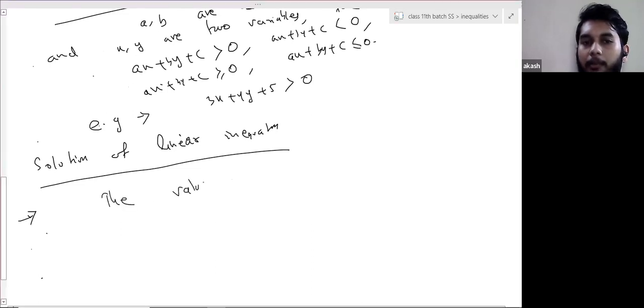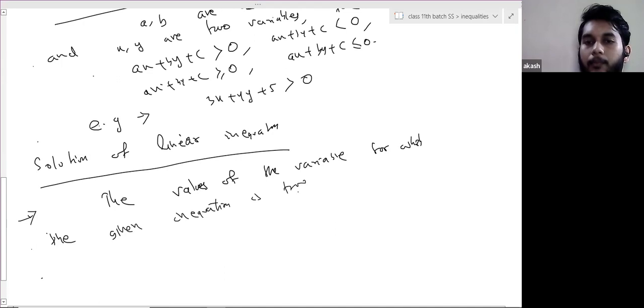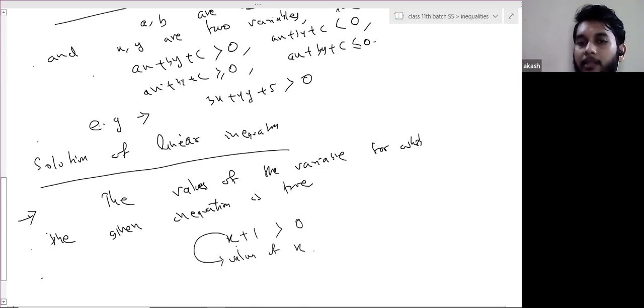All right, Fahad, what this means? The values of the variable for which the given inequation is true. What does it mean? If I write x plus 1 more than 0, then what are the values of x which make the statement true?